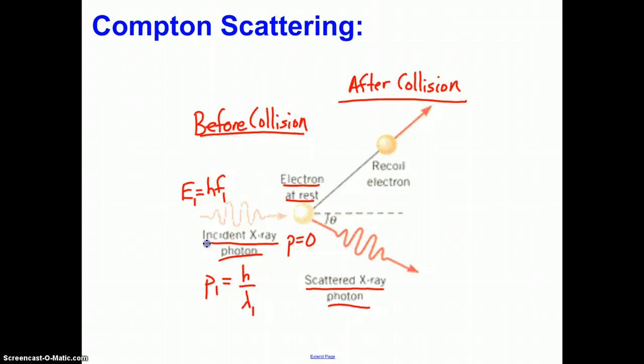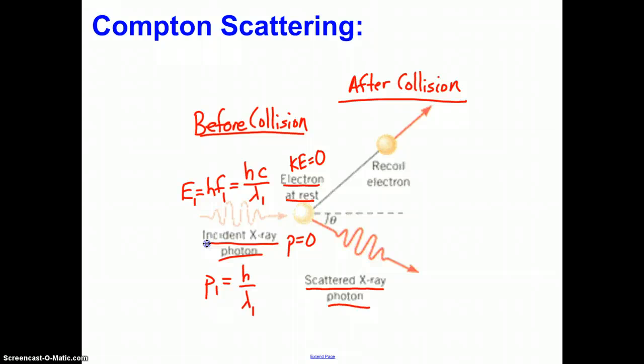Also remember that another way to express that energy is hc over lambda 1. So E1 equals hf1 equals hc over lambda 1 is our expression for the energy before collision, and P1 equals h over lambda 1 is our expression for the momentum before collision. Our electron is at rest, so it has no energy either before the collision.